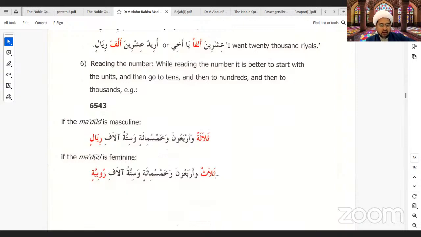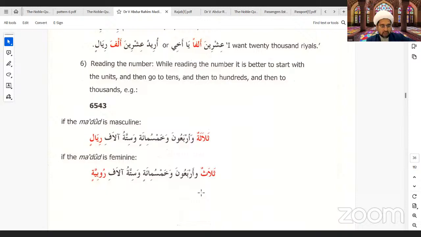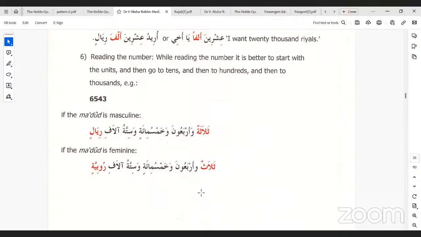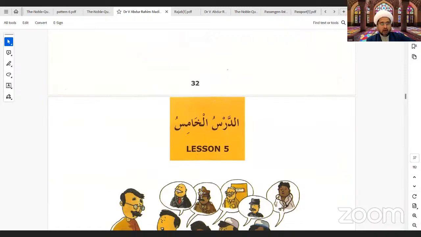Is any change occurring in the first unit itself? Yes. If the madud is feminine, it is thalathun wa arba'una wa khamsu mi'atin wa sittatu alafi rubiyatin. So because of rubiyatin, it became thalathu, and because of riyalin, it is thalathatu. Exactly. It's quite easy.